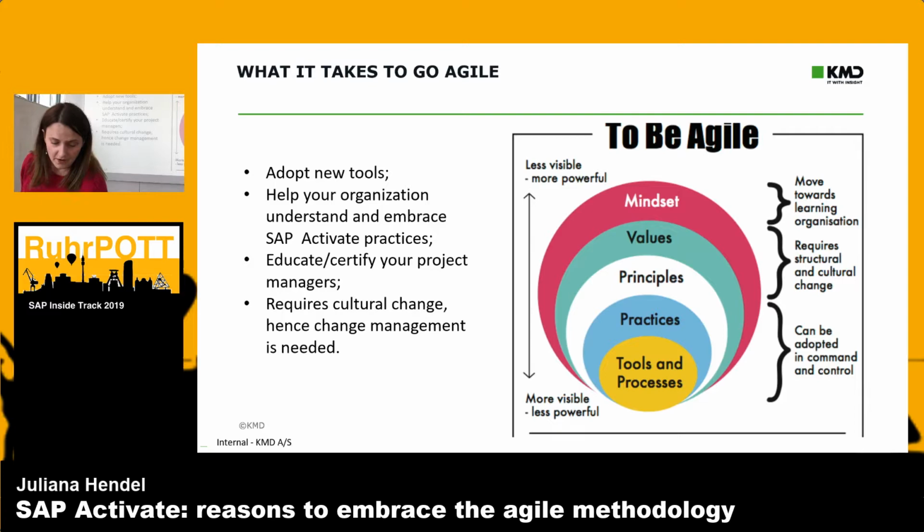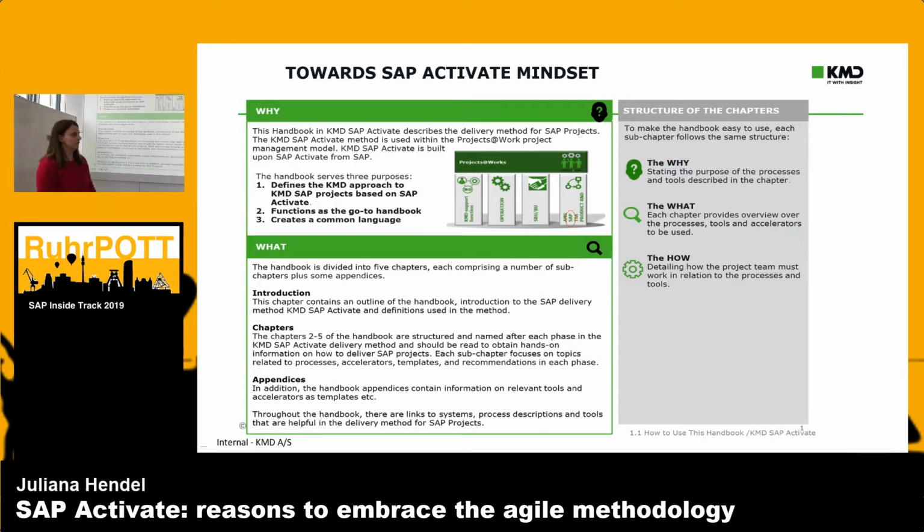Now, where I work, the way we dealt with it, how you can help your employees better adopt the Agile mindset and adopt Activate as our way of implementing projects, is that we created a handbook. The KMD Activate Handbook, which looks like this. There are many chapters to it.